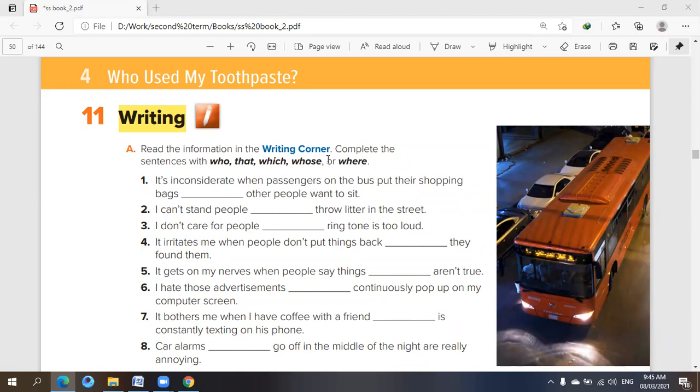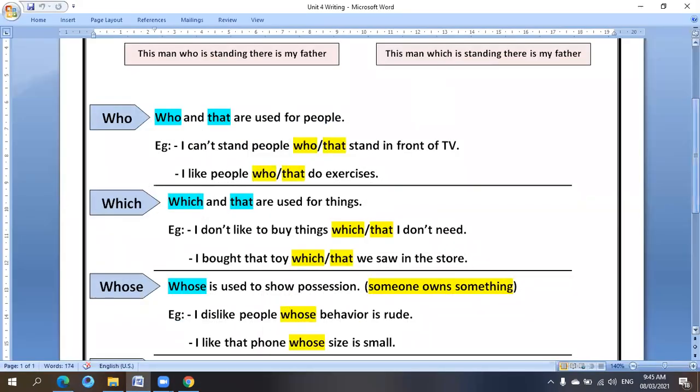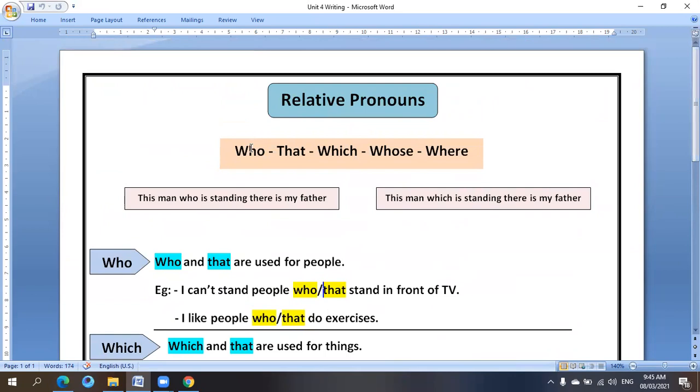So now please focus with me. Who will help me read these examples, please?